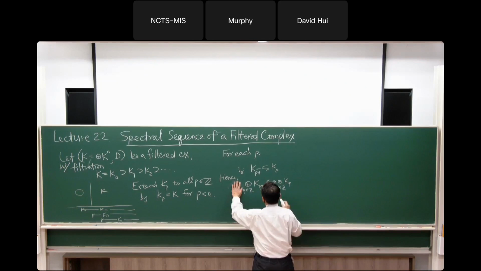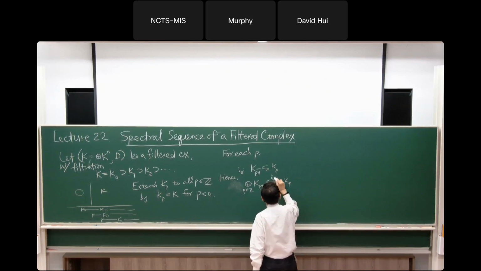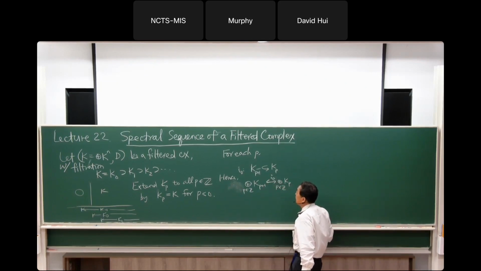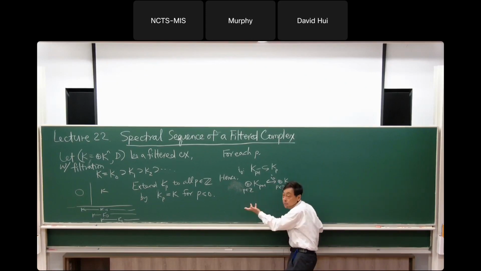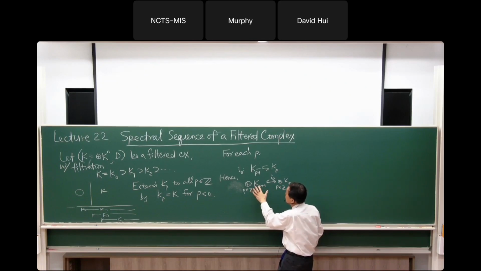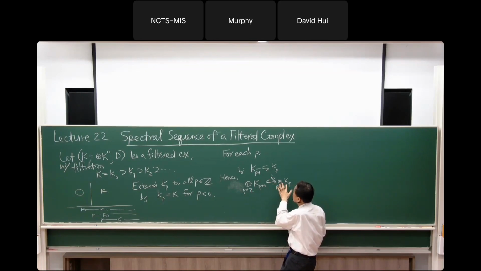I'll put it here, I0. This is why I want negative p's, so that when p is minus 1, you can still map into K0. And this is an inclusion.